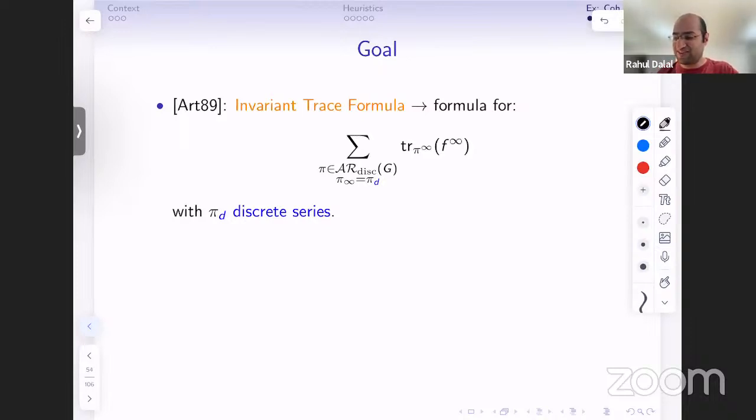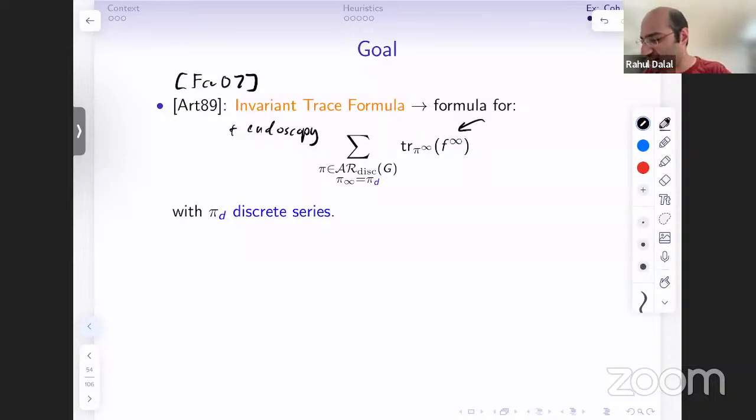Okay, so Arthur '89 plus this '07 work of Ferrari: basically what it did is it did invariant trace formula plus some endoscopy, and it gave you a formula where you pick a test function on G away from infinity.